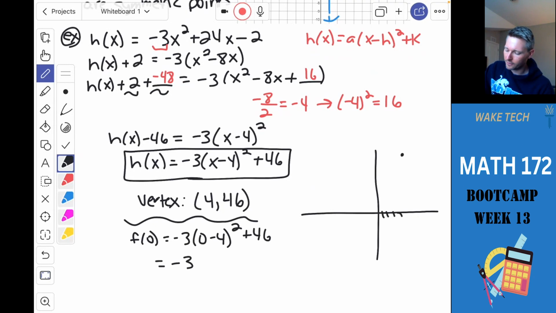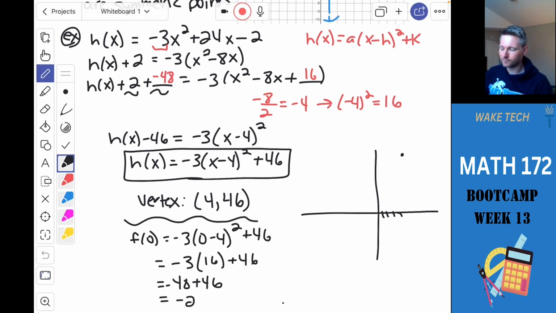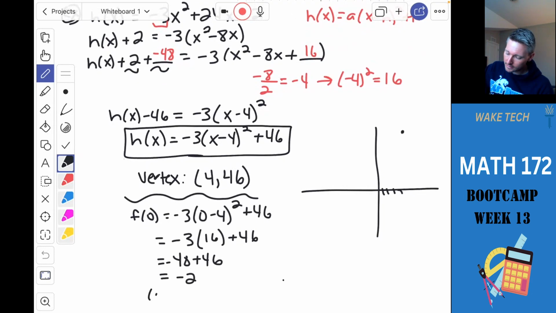We get -3 times (-4) squared, that's 16, plus 46. -3 times 16 is -48. And -48 plus 46 is -2. What that means is that the point (0, -2) is on the graph. So here's that, (0, -2).